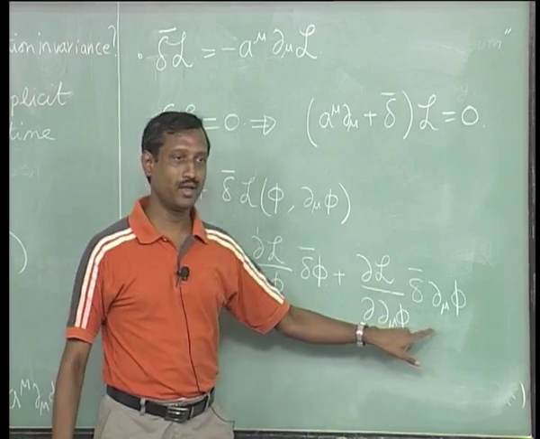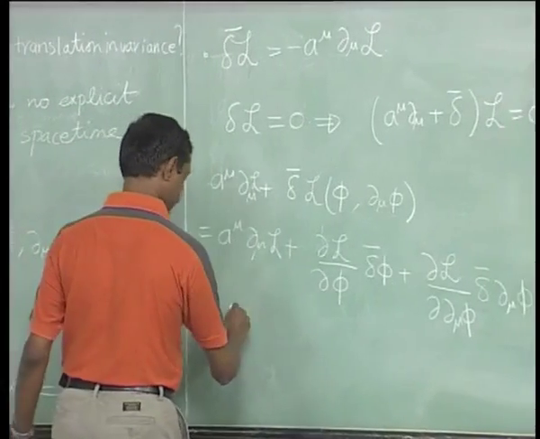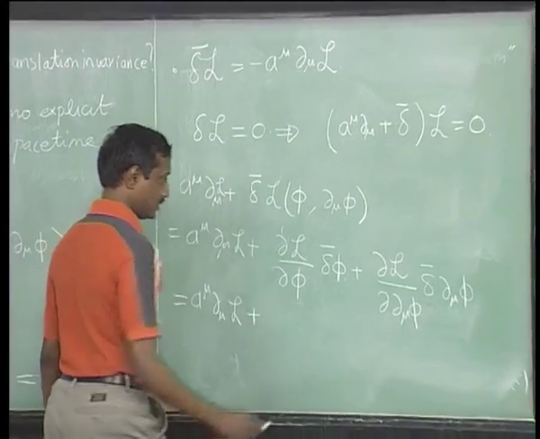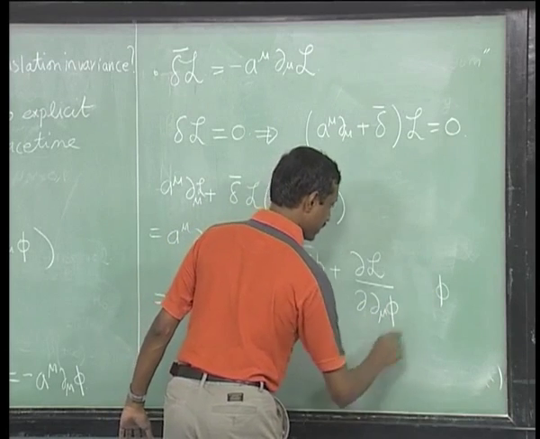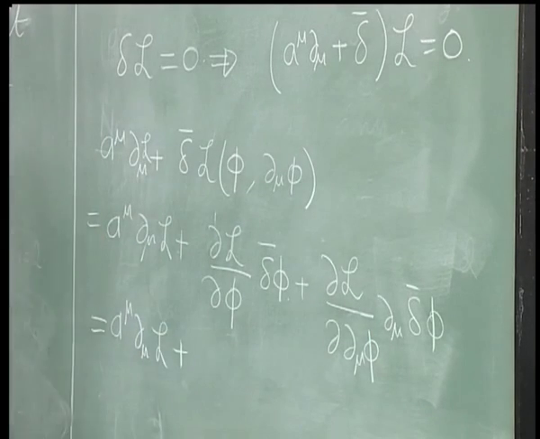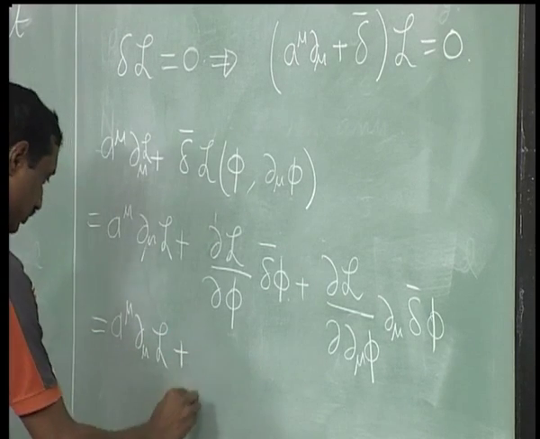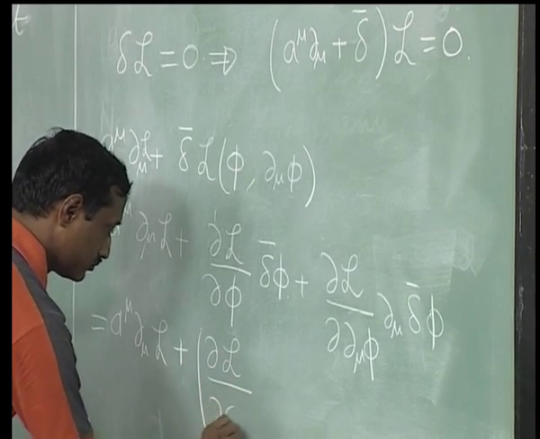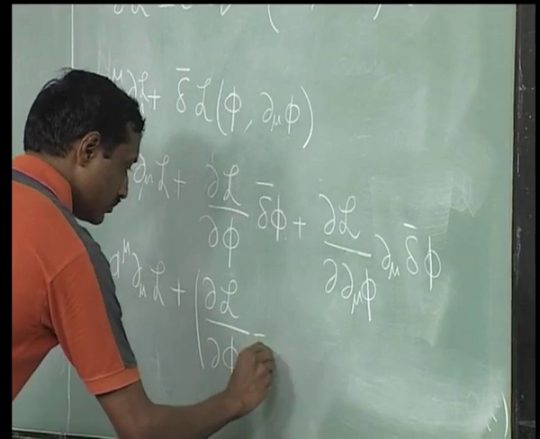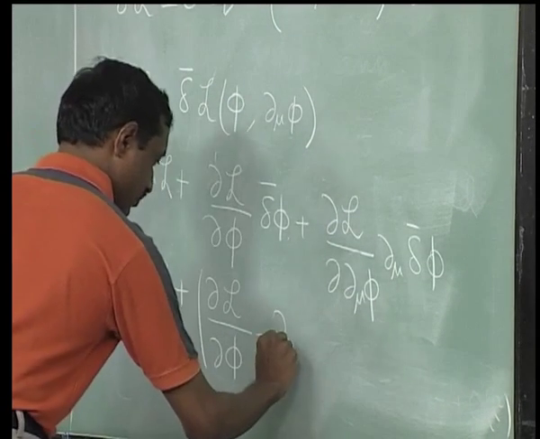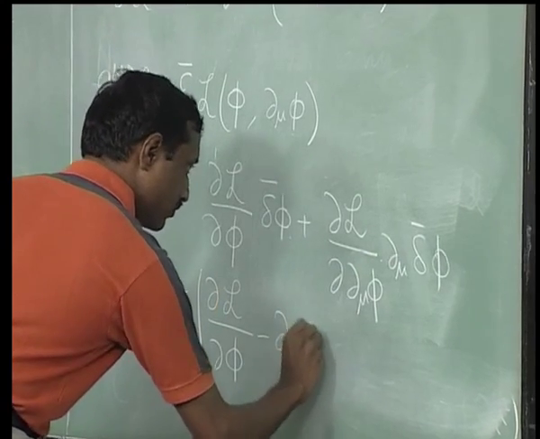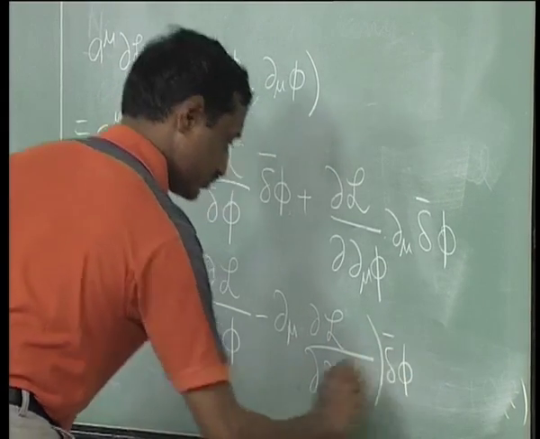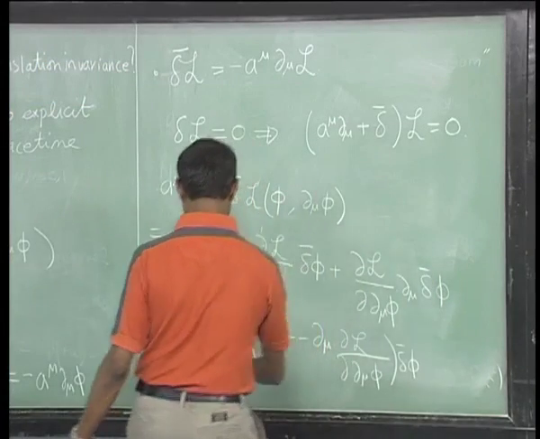So now I can just go ahead and exchange these two guys. So I will jump one step and write this as d mu of delta bar of phi, and this will be equal to, and I can integrate by parts, plus the other piece which I have left out.